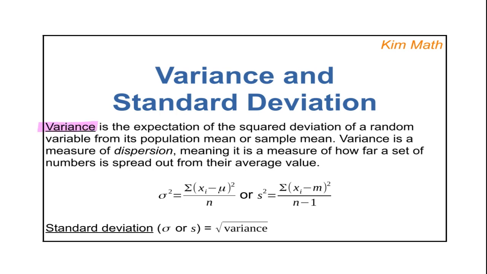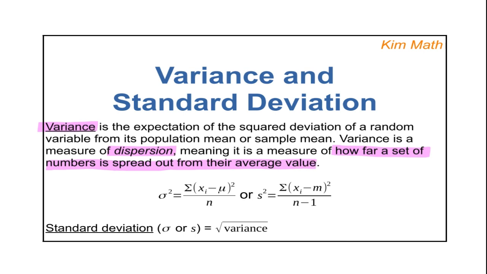Variance is a very famous statistic that is a measure of dispersion, or how far a set of numbers is spread out from their average mean. Okay?